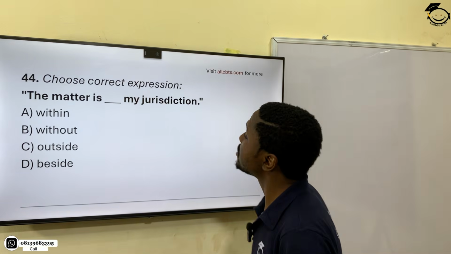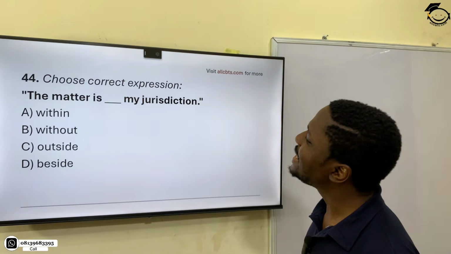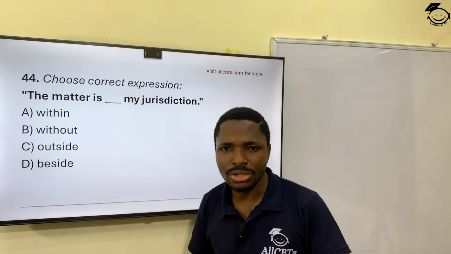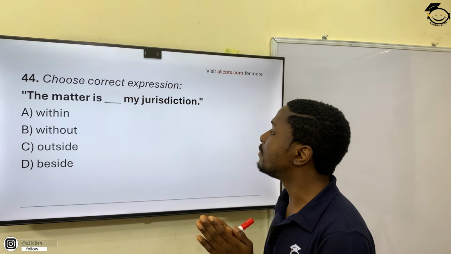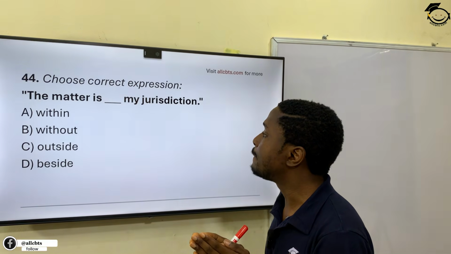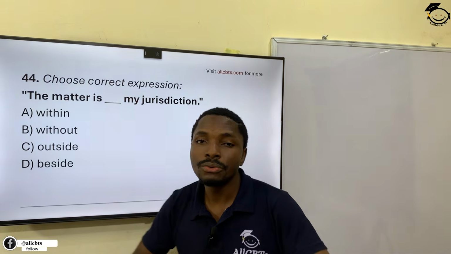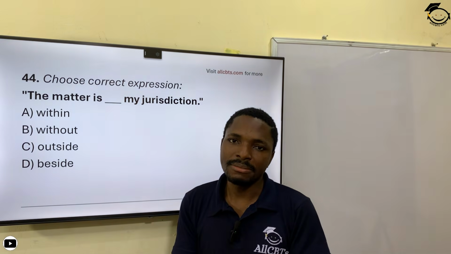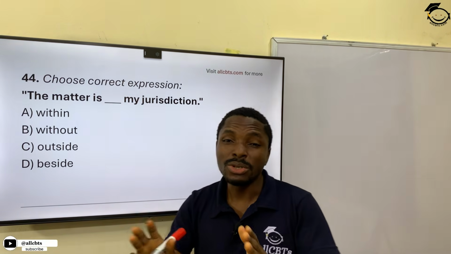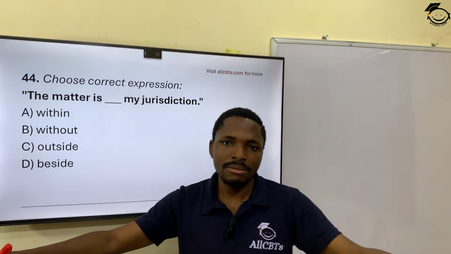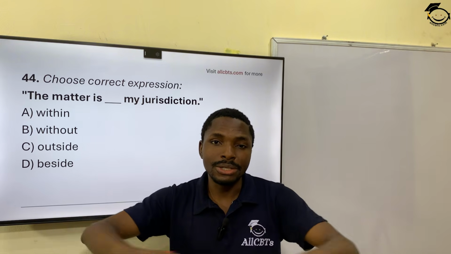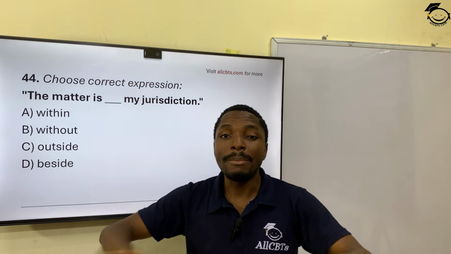43, 44. Choose the correct expression. The matter is dash my jurisdiction. What does jurisdiction mean? It's actually used for the most part in political and legal systems. It simply means my sphere, my authority, my domain, my powers.